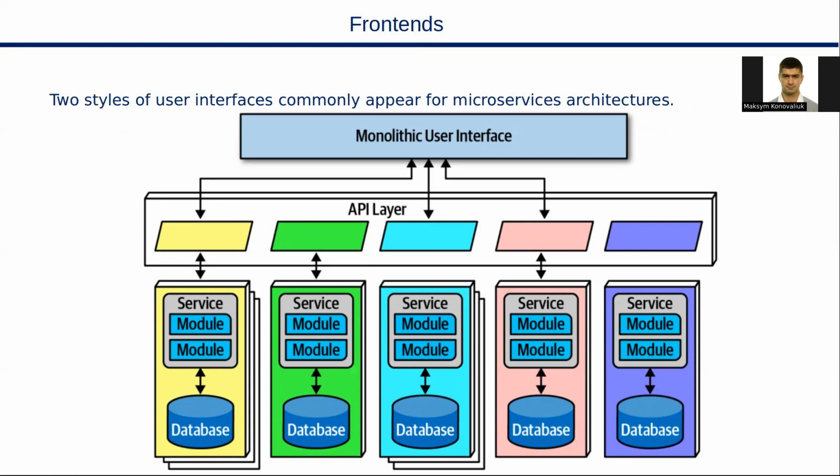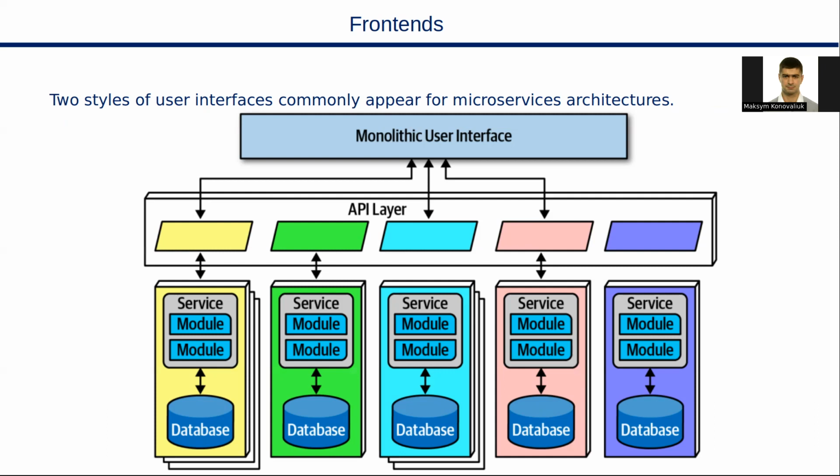In fact, the original vision for microservices included the user interface as a part of the bounded context. It is due to the principles of DDD. However, practical partitioning required by web applications or other external constraints makes that goal difficult. That is why two styles of user interface commonly appear in microservice architecture.